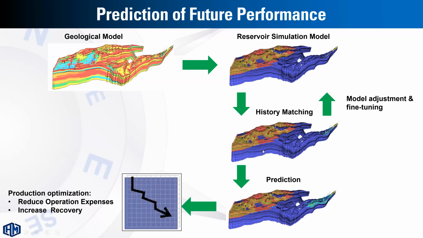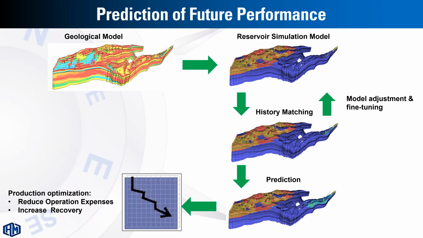Once the model is matching the historical data, the model can be used for prediction to define different scenarios or strategies for an optimum development strategy to reduce operating cost and increase the ultimate recovery.